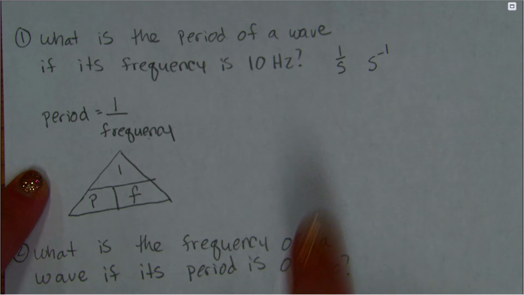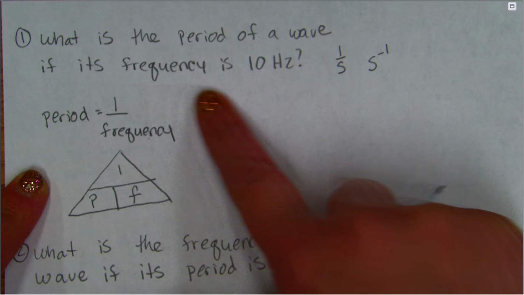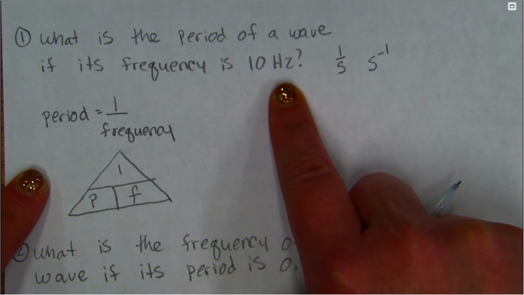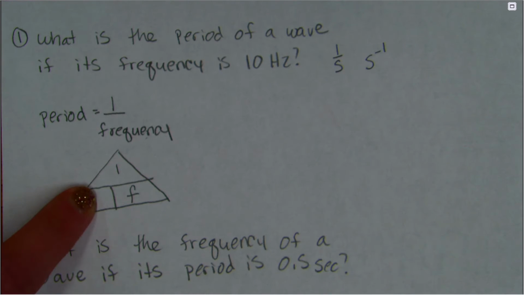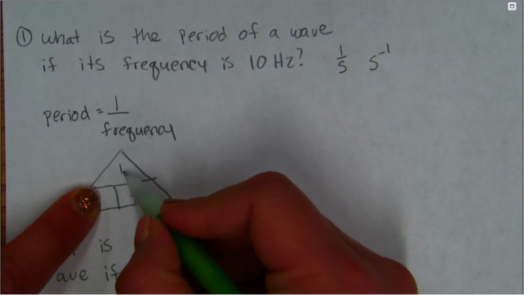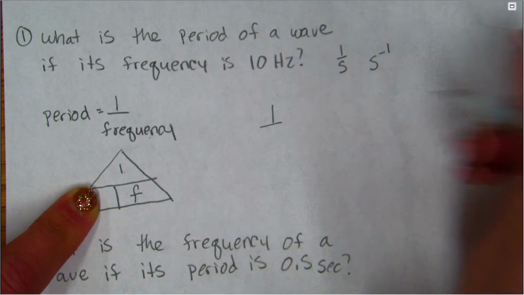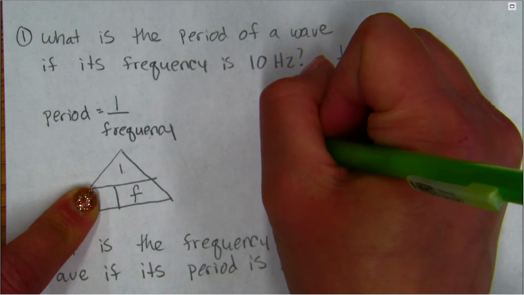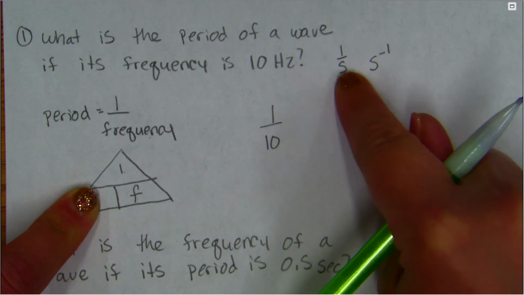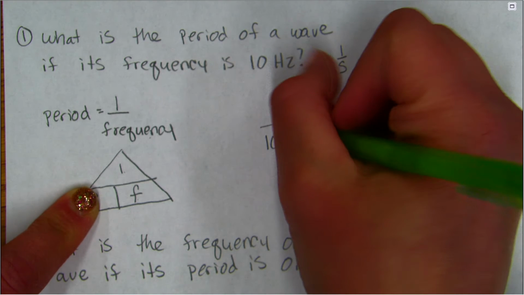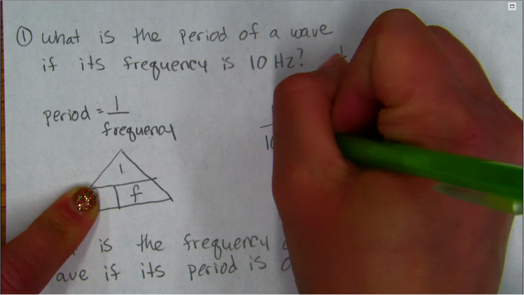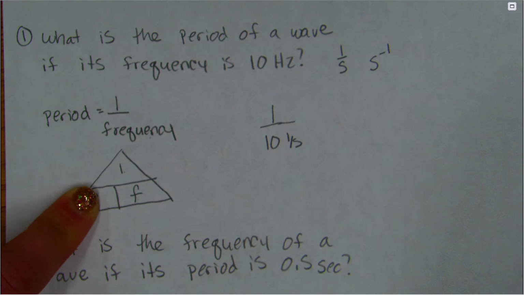All right, so what is the period of a wave if its frequency is 10 hertz? So I'm looking for period, so I cover that up. So I'm going to do 1 divided by frequency, so 1 divided by 10. And now hertz is 1/seconds. That's my unit.